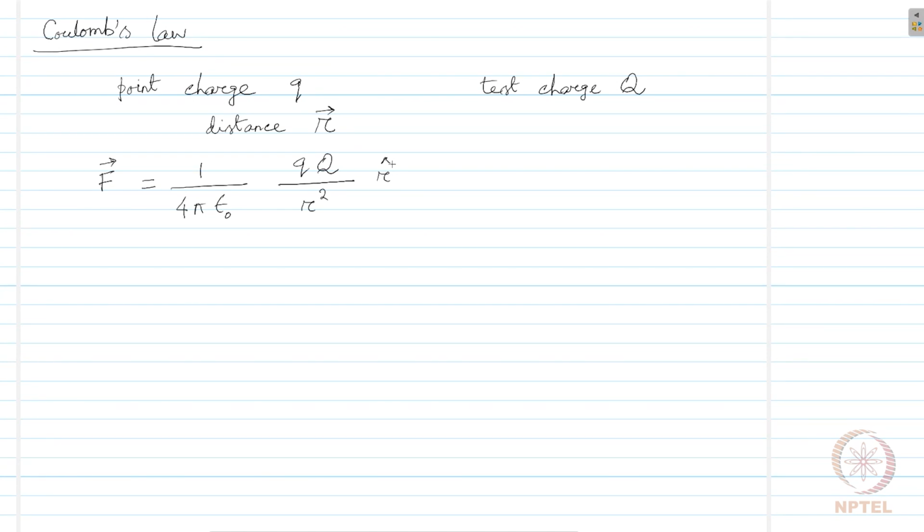We will explain later what epsilon naught is. Epsilon naught is known as the permittivity of free space. Let's now introduce the concept of electric field.